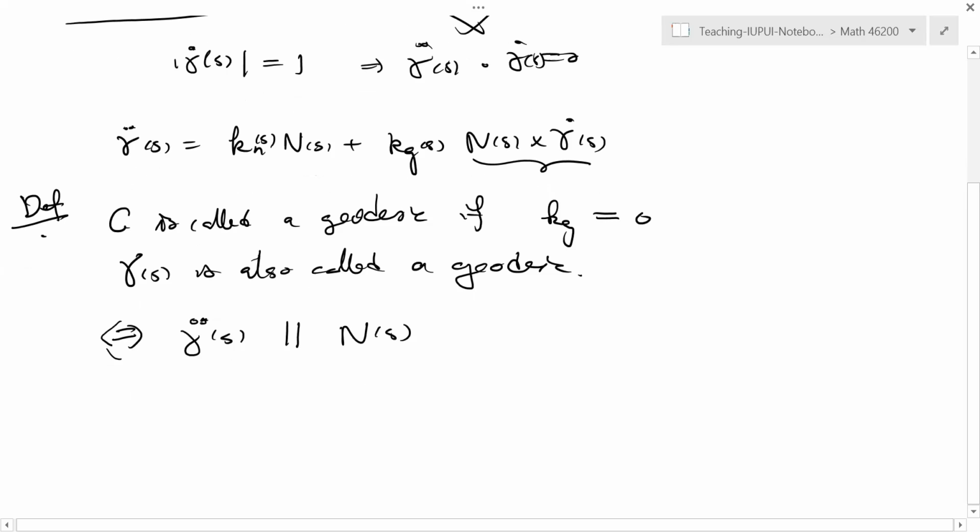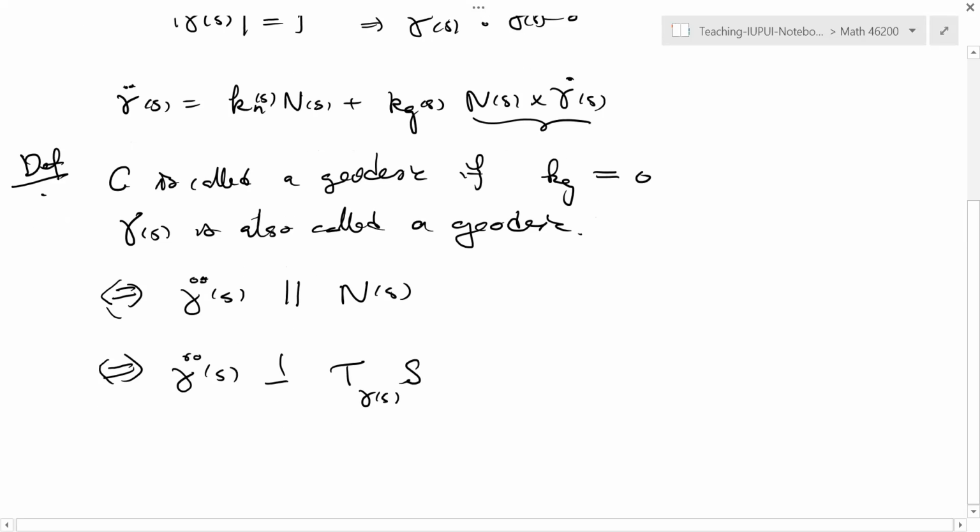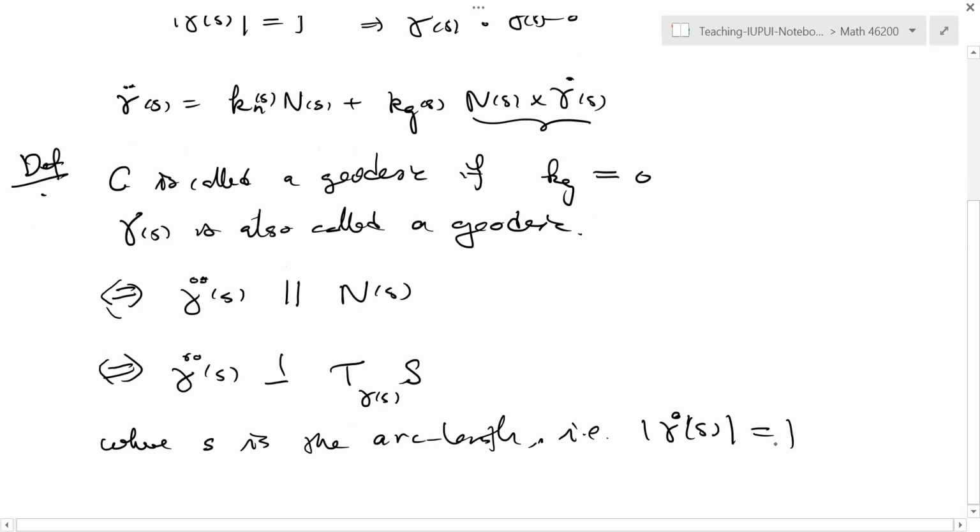That means it is equivalent to saying gamma double dot s is perpendicular to the tangent plane. But here s must be the arc length parametrization, i.e. the tangent vector has unit length, a unit vector.